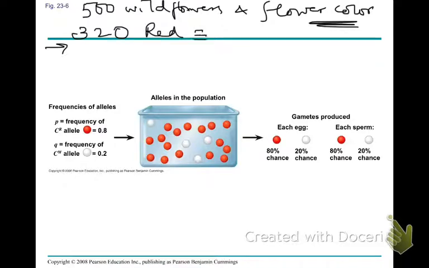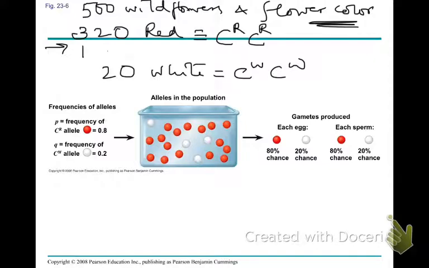That means they are red because they have 2 alleles present in them as CR. They have 100 and, I remember, they have 20 white flowers, which means it is CW.